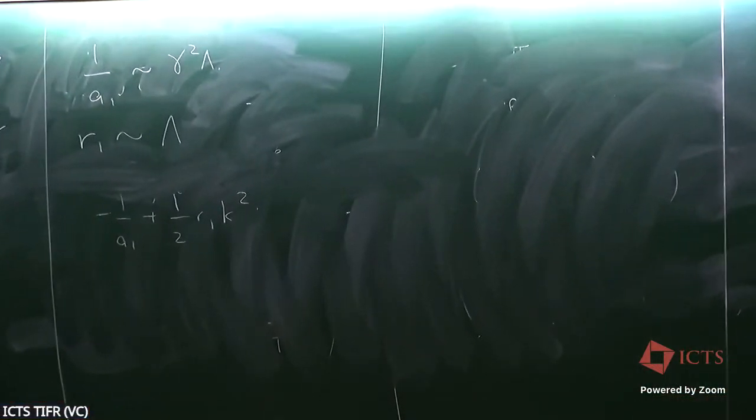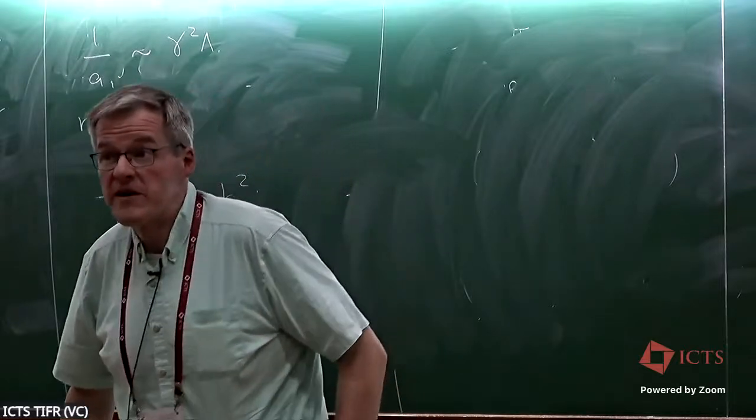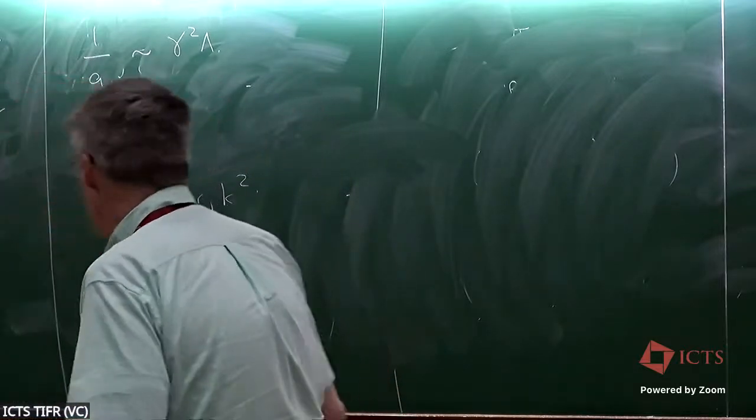So this is the counting I'm going to pursue here. And there's a physics reason for that, which is that just as there's an expectation for the size of the effective range in S waves, there's an expectation for the size of the effective range in P waves.